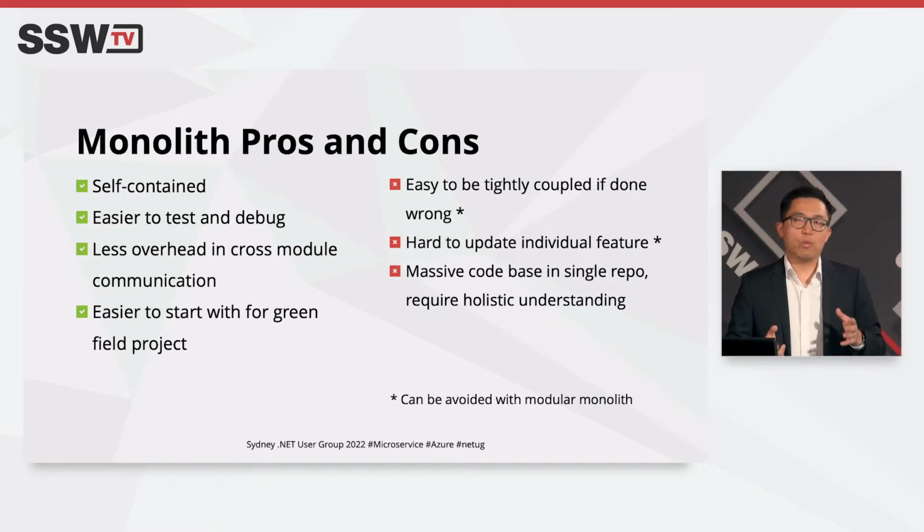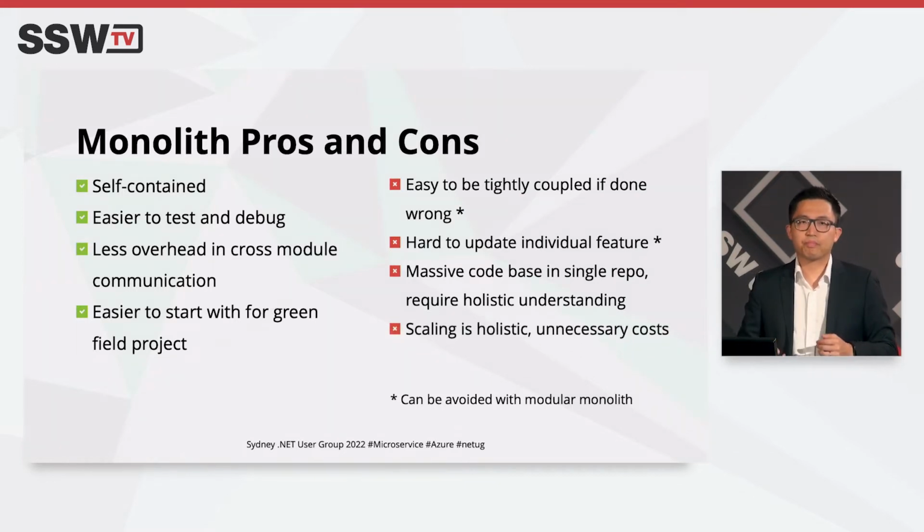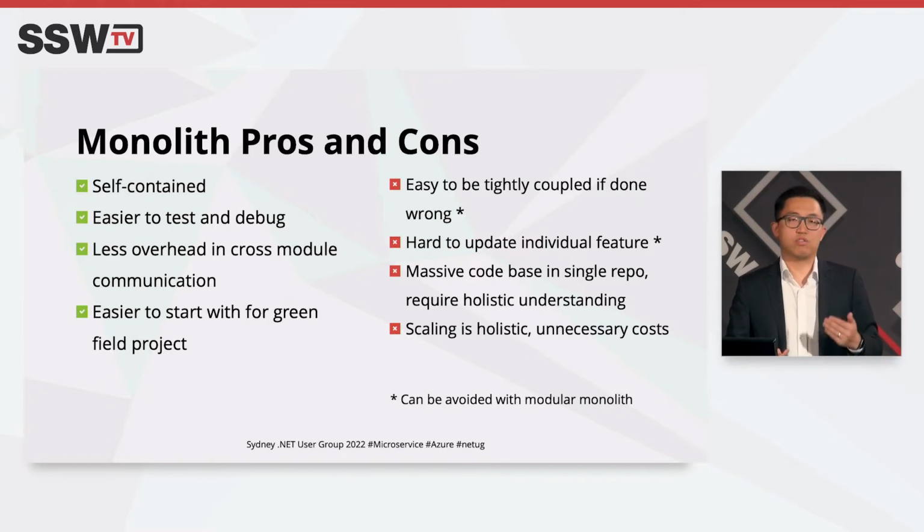Only when they have a certain amount of understanding at a holistic level can they start working on a small piece. So that makes the productivity low. And the scaling is also holistic. You can either scale the entire solution or not scale it. And it will incur some unnecessary costs if it's not done properly.